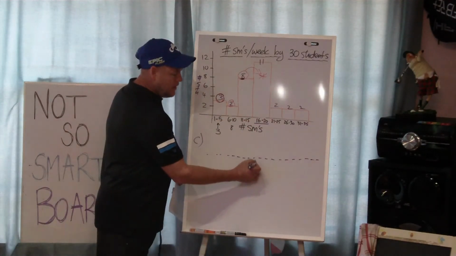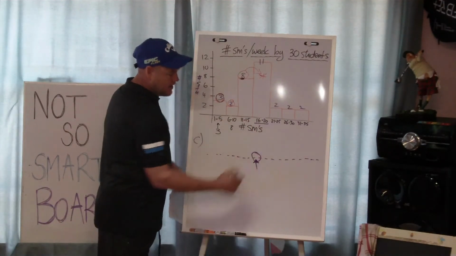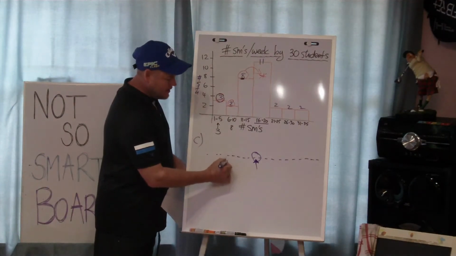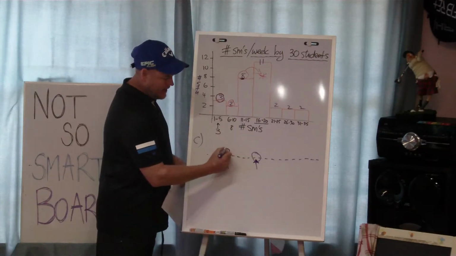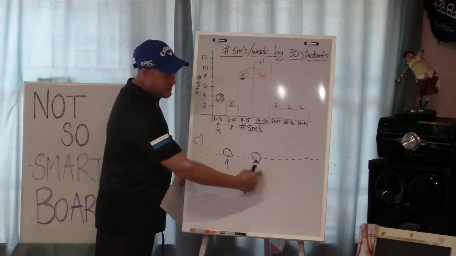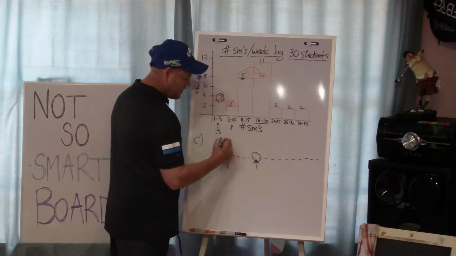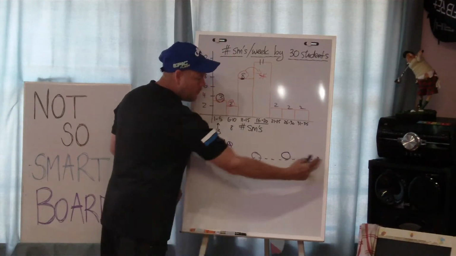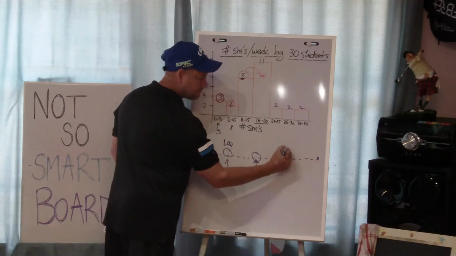The median would be the number of SMSs in the middle there, which we've already found. Your lower quartile is the number of SMSs here, halfway between start and middle, and your upper quartile is there, halfway between middle and end.